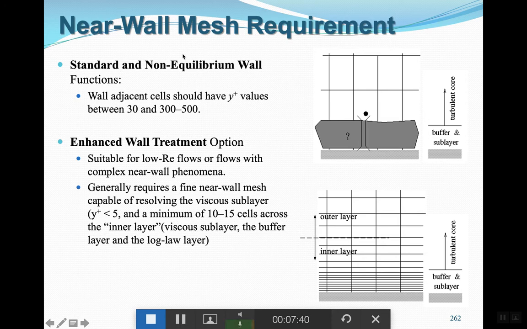So there are different near wall mesh requirements and near wall treatments. The first two are standard wall functions and non-equilibrium wall functions.